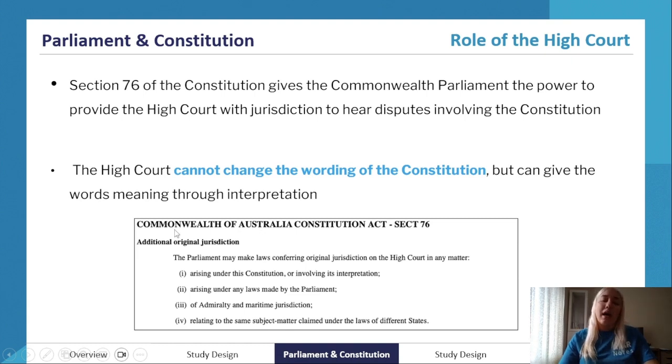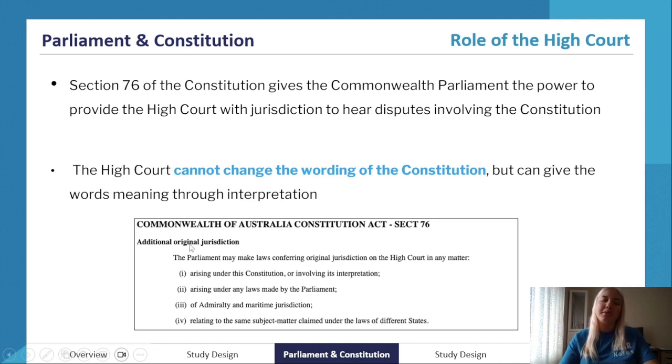So this means the High Court has jurisdiction to hear disputes between different states and disputes between a person and Commonwealth Parliament or a person and a state level parliament, and disputes between Commonwealth Parliament and a state parliament as well.